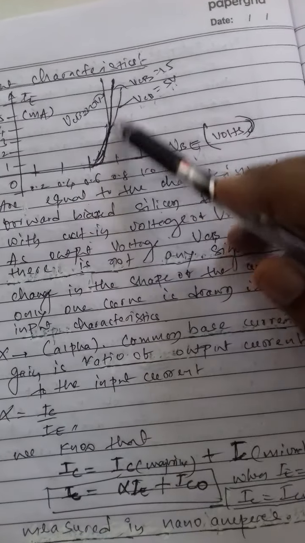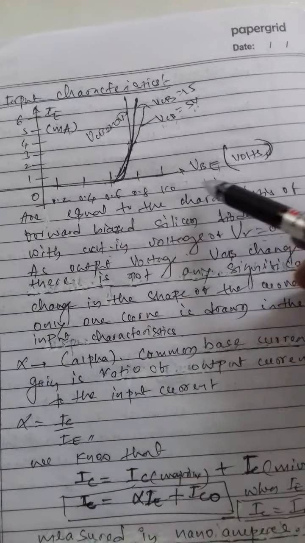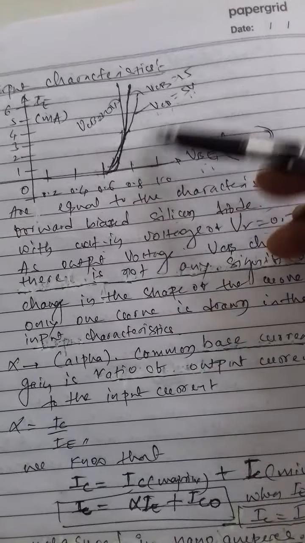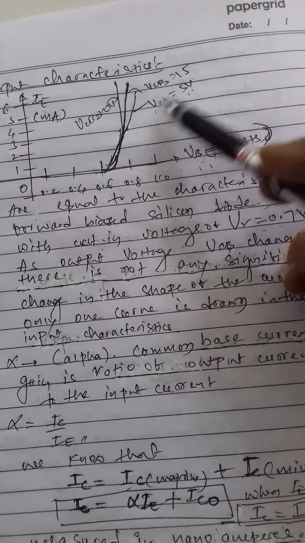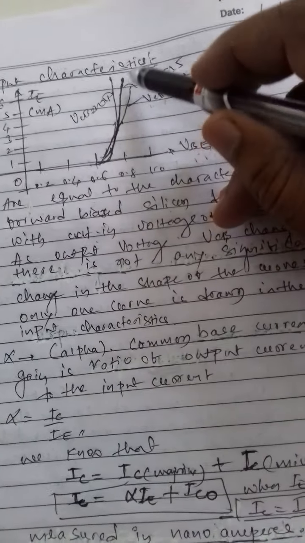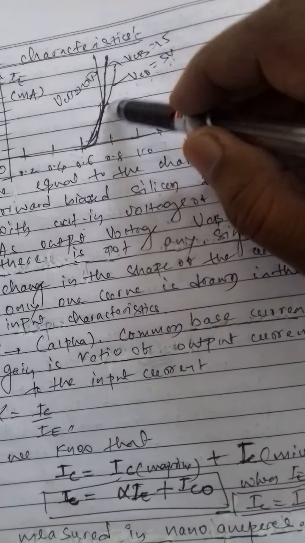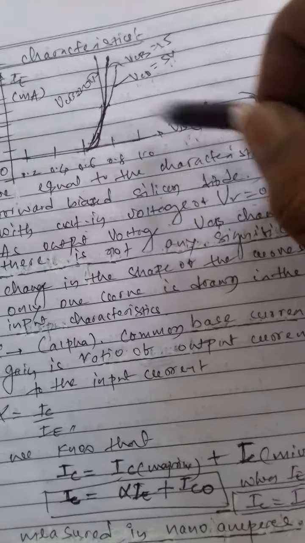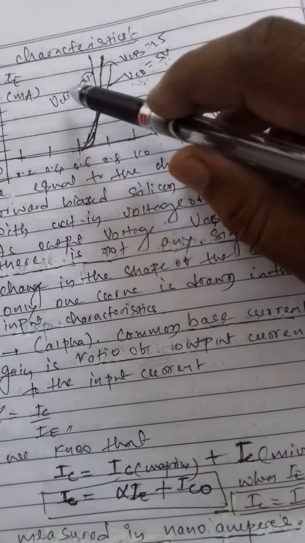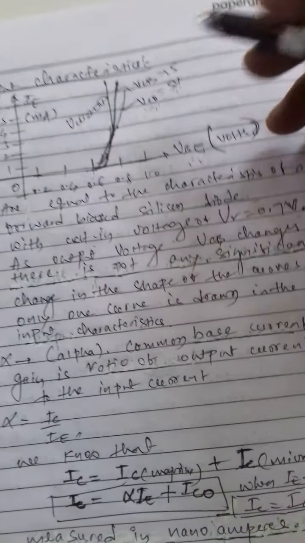The input characteristics are just like the characteristics of a diode. Any change in the output voltage will not have a significant effect on the input characteristics; there is only a slight change, but the curves remain the same.